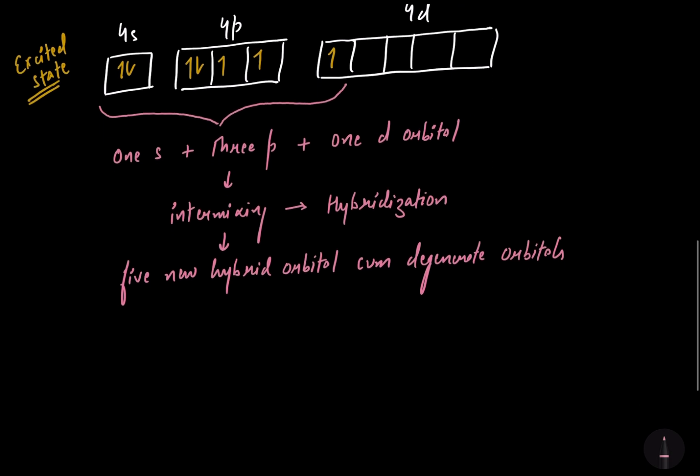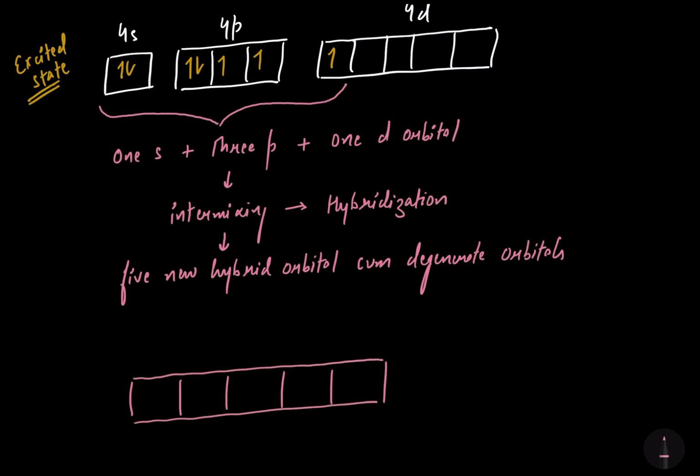So we got the 5 new degenerate hybrid orbitals. I am saying it again, in the hybridization process, the atomic orbitals which can form sigma bonds will be involved, but not the pi bonds. Here all were sigma bonds, so this is not the case of pi bonds. We will do that in the next lectures.